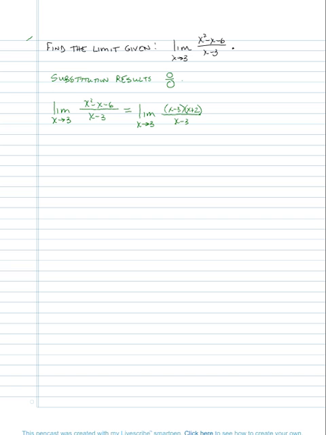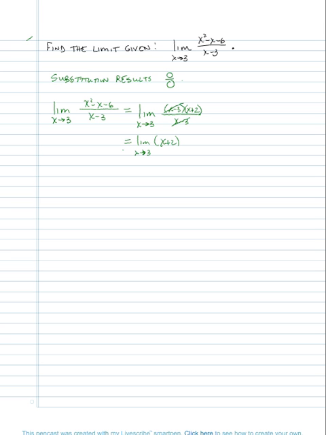It's at this point we recognize that when we get 0 over 0, many times that means we have a common factor in the numerator and denominator that we can cancel. Here, x minus 3 appears in both places, so we can cancel it. Now, rather than the limit of a fraction, we have the limit of simply x plus 2 as x approaches 3.